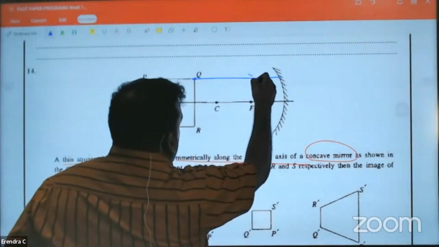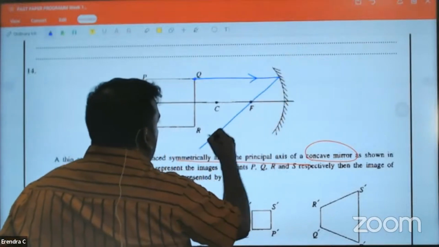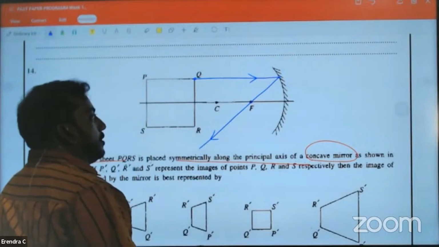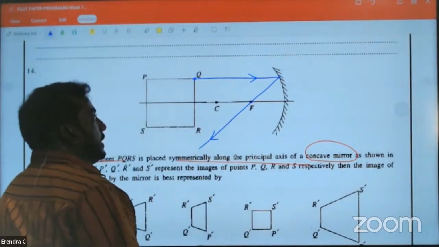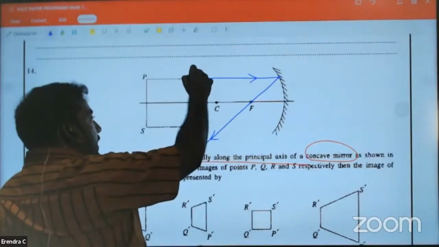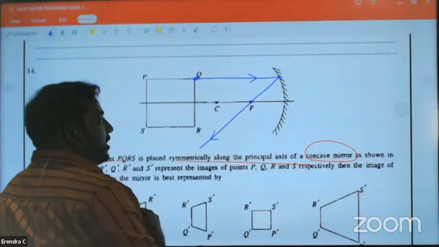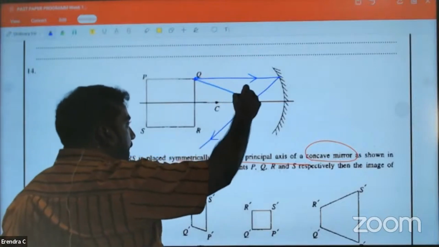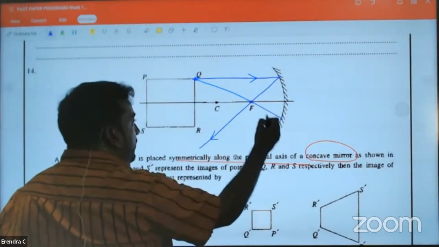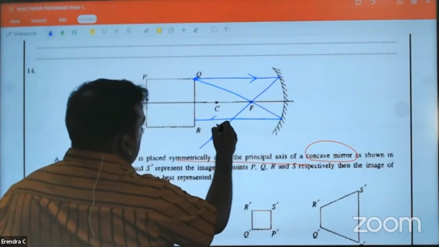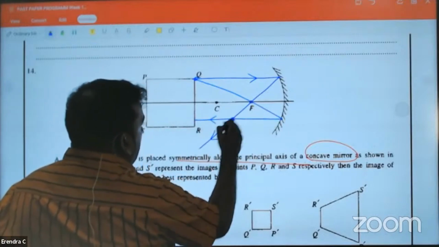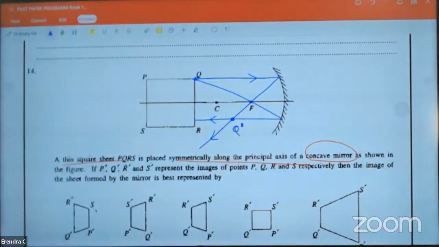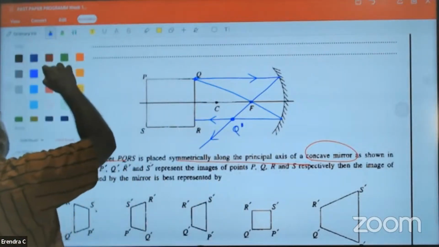Light rays from Q will go through the focal. Okay, no? Also light rays are reversible, you can draw. What do you mean by reversible? Light rays going through the focal will be parallel. Where these two meet, Q dash is formed. Then I'll use a different color.